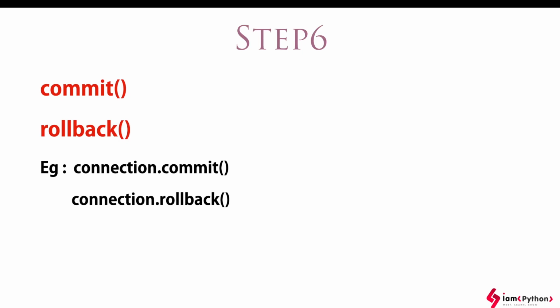This is about transactions. Once you are retrieving data or inserting data, that is called a transaction in the database. Once you insert the data, we have to commit the transaction. Commit is nothing but permanently storing the data into the database.